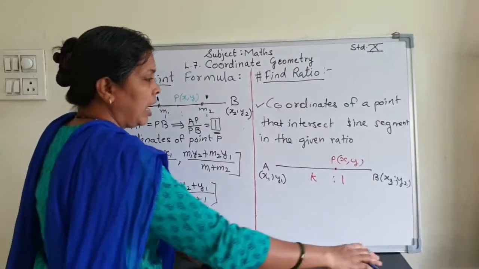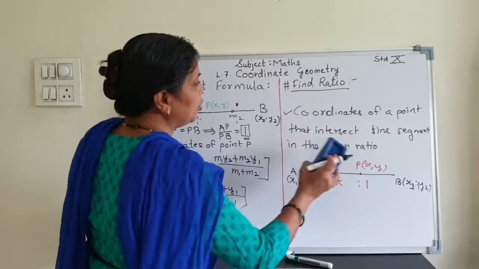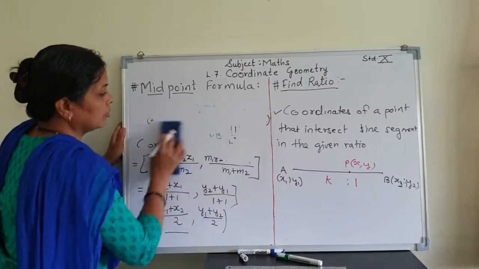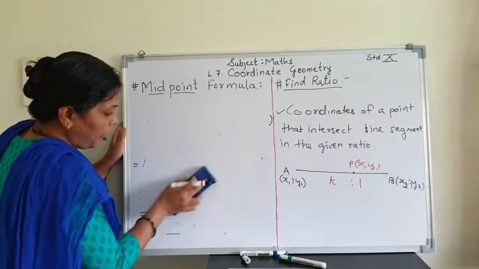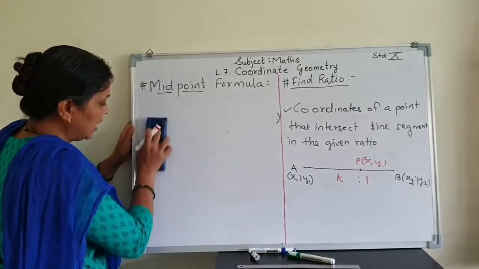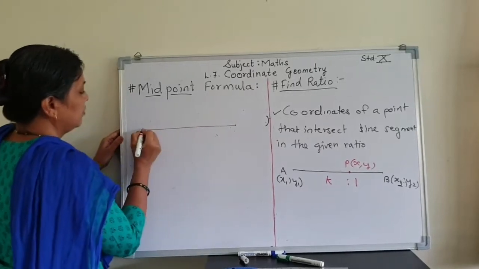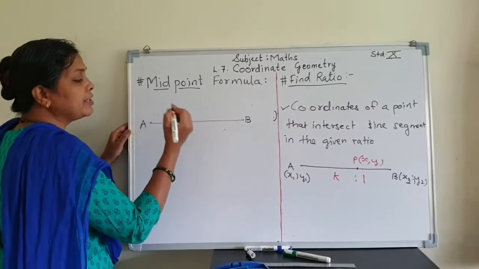So here I want to mention one more thing. The section formula in this grade: when a point is on the line, for example here AB is a line segment and the point is on the line.